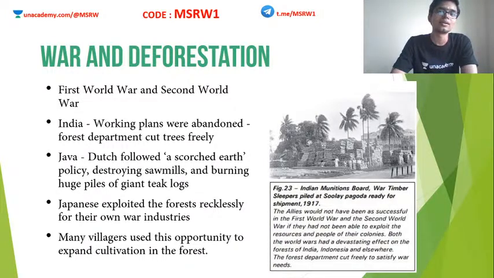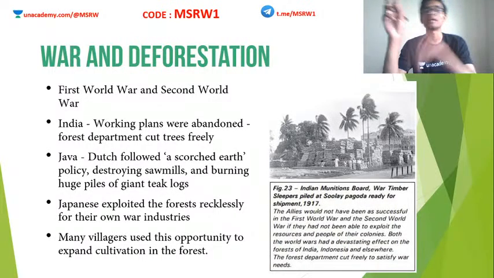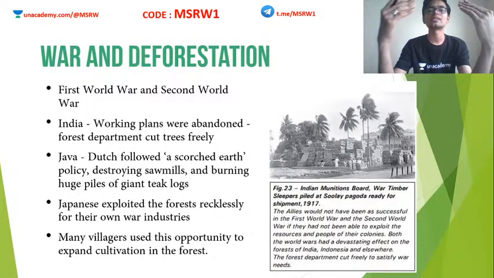The normal system of forestry that was set up as a part of scientific forestry was abandoned, and in its place, the British colonizers started felling trees indiscriminately. Why? Because a war is going on and the British needed supplies. For this purpose, the established system of scientific forestry was abandoned and they started cutting down trees indiscriminately.